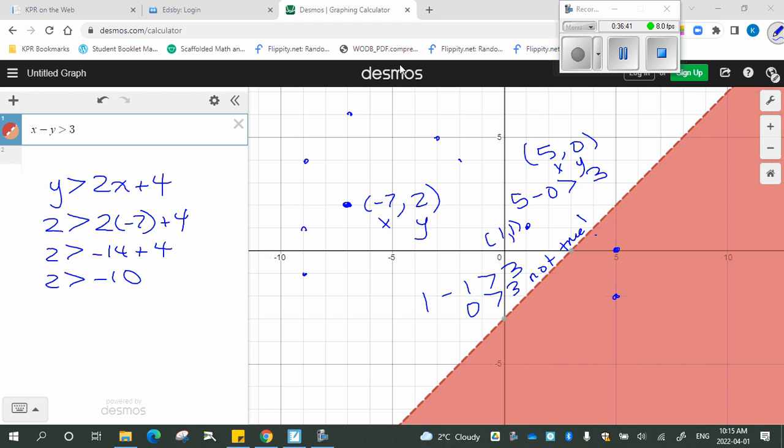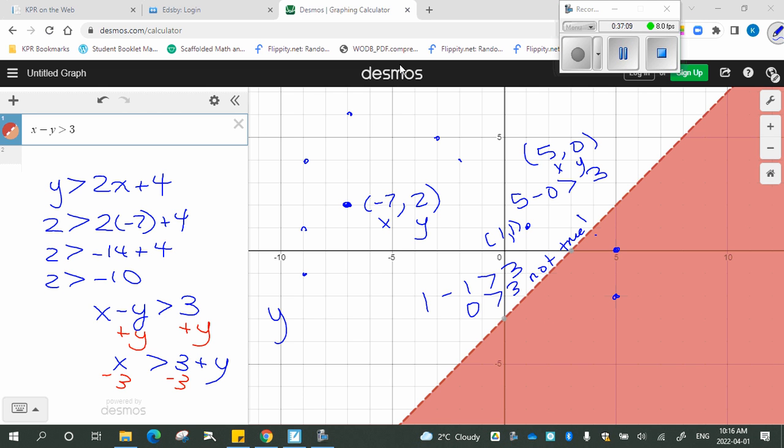Maybe you have to have them in y equals mx plus b form. Let's see. So if we get y by itself here, we would have to add y to both sides, and then subtract 3 from both sides.